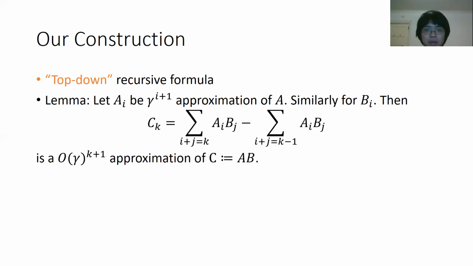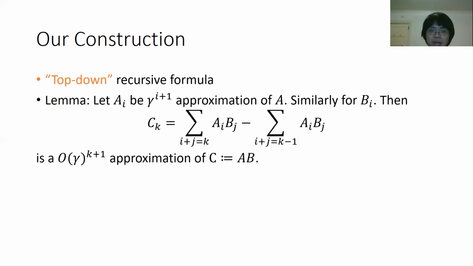As in Nisan's generator, we cut a read-once branching program into two halves, and we consider A as the random walk matrix of the left half, and B as the random walk matrix of the right half. Our goal is to compute an approximation of the product AB.